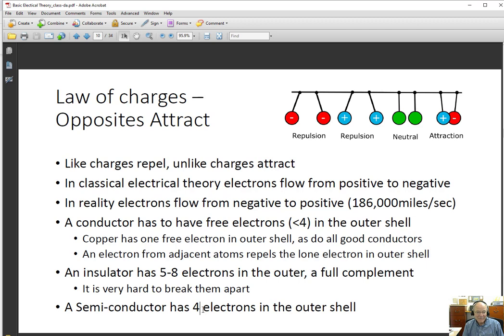In other words, by manipulating a semiconductor in a laboratory, you can make it a little bit of a conductor or a little bit of an insulator. What that means is you can use semiconductors as switches that can go on and off. And then you have computer systems and electrical, electronic circuits.